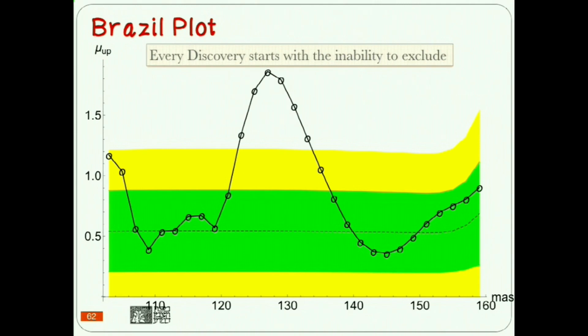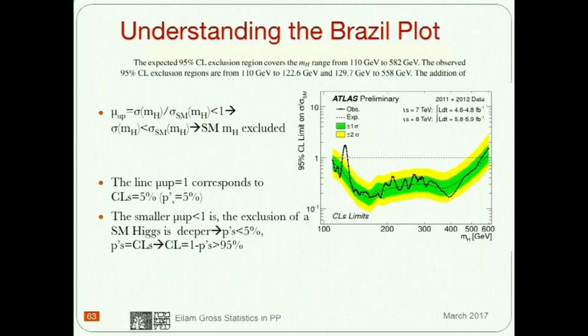And then you look at the observation and you get some observed mu up. Now, since we have a signal at 125, we cannot exclude this region here. And that's what happened in real life. We started by excluding everything, but there was no way we could exclude the 125 because there was a signal there.